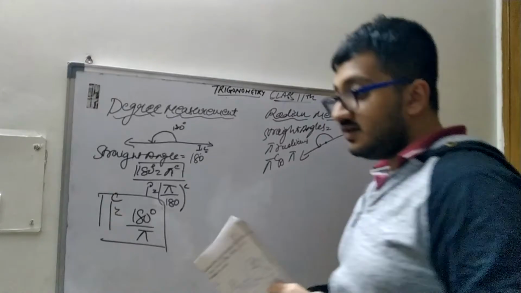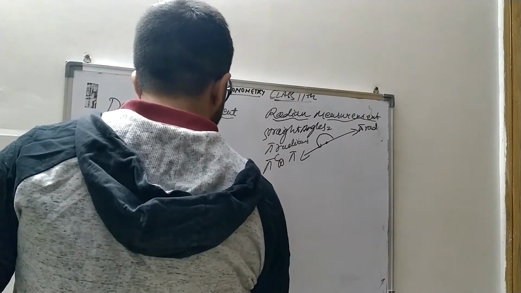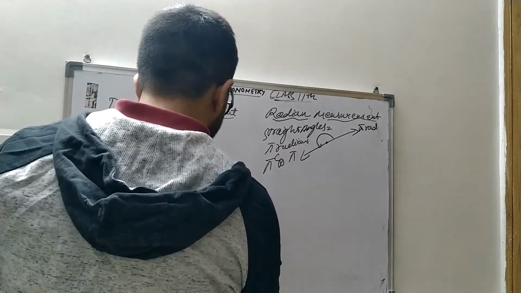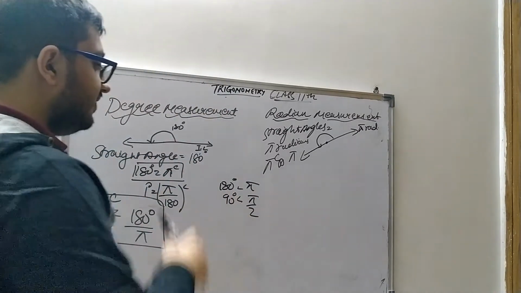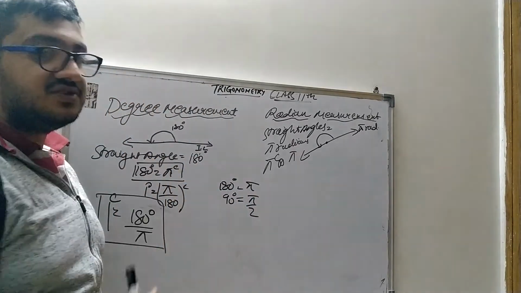Now let's look: 180 degrees is equal to pi. If 180 degrees is equal to pi, then 90 degrees is equal to pi by 2. Why do we say 90 degrees is pi by 2?